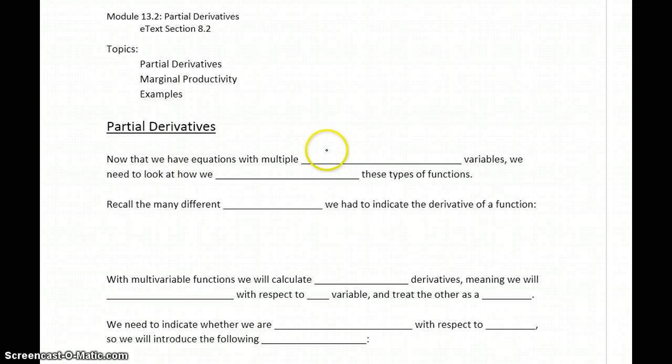Now that we have equations with multiple independent variables, we need to look at how to differentiate these types of functions. Previously, we introduced multiple different notations for how to indicate the fact that what we want to do is take the derivative of a function.